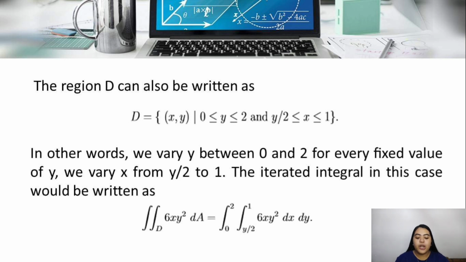This shows that we can switch the order of integration for double integrals over general regions, so long as we take care to describe the region in a way where the outer integral bounds are constant.